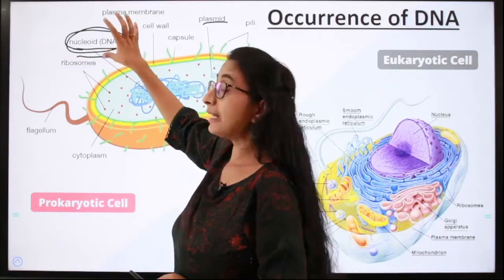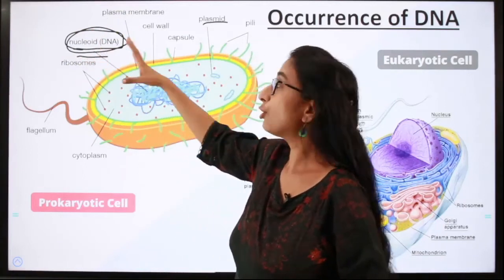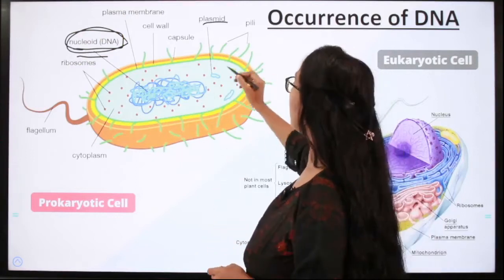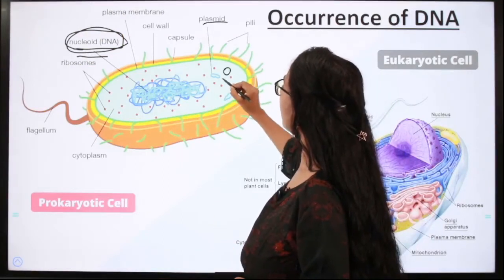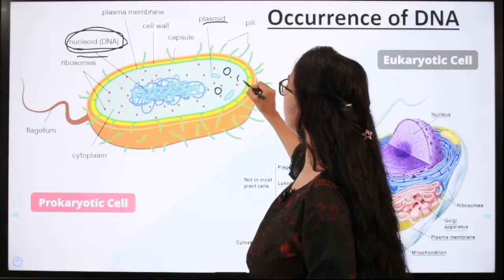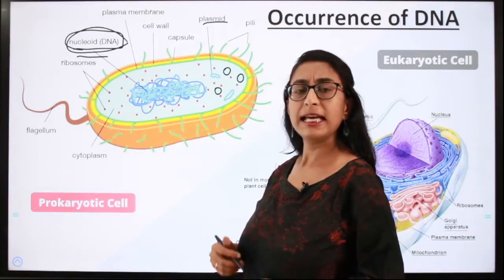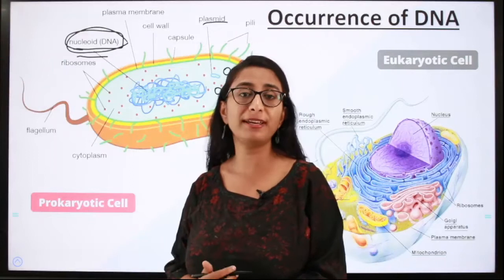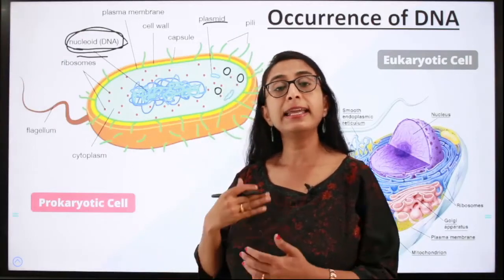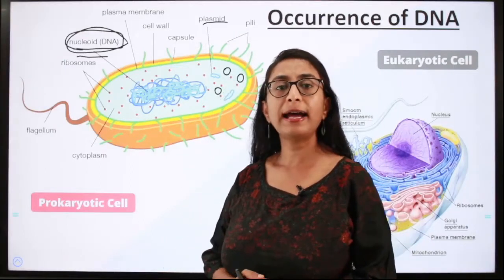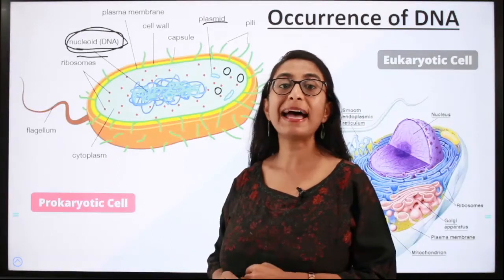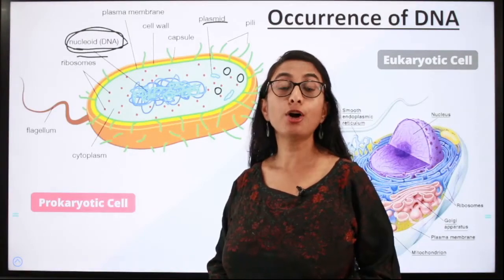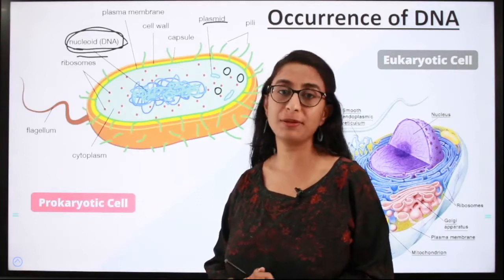Okay, so this is the nuclear DNA which is freely suspended in the cytoplasm and this is called as nucleoid DNA, and in addition to this we also have extranuclear DNA. Extranuclear DNA appearing as circular DNA molecules in the bacterial cell. These circular DNA molecules are capable of self-replication. That is, they can replicate on their own and they have been used as vector molecules in recombinant DNA technology or genetic engineering experiments.